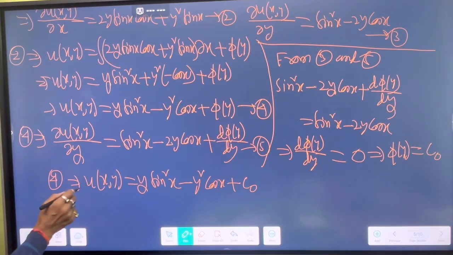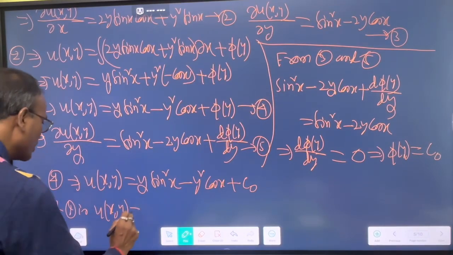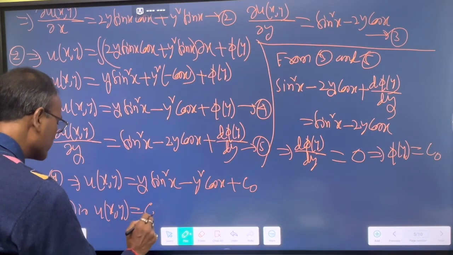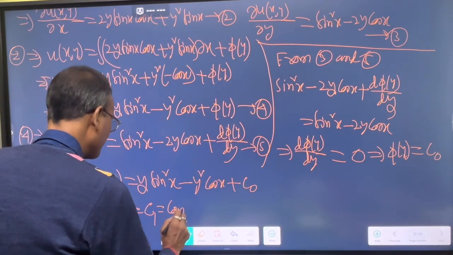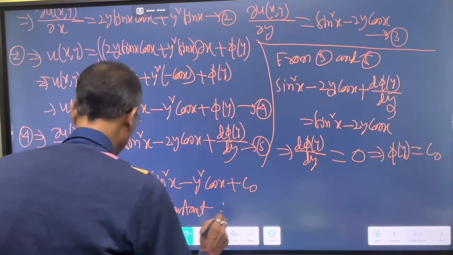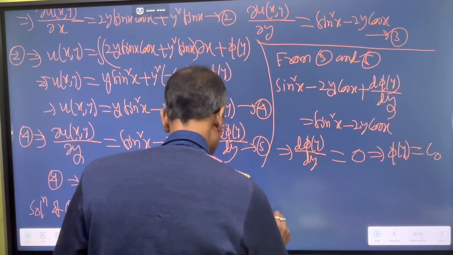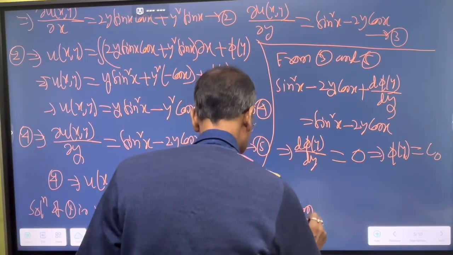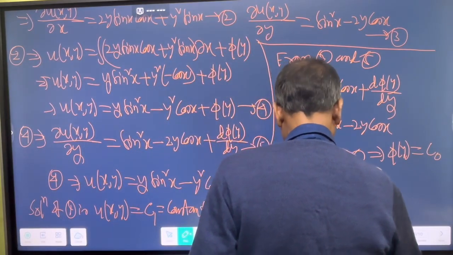Now, solution of 1 is u_xy equal to constant, C1 equal to constant. Therefore, you will get y sin square x minus y square cos x plus C naught equal to C1.